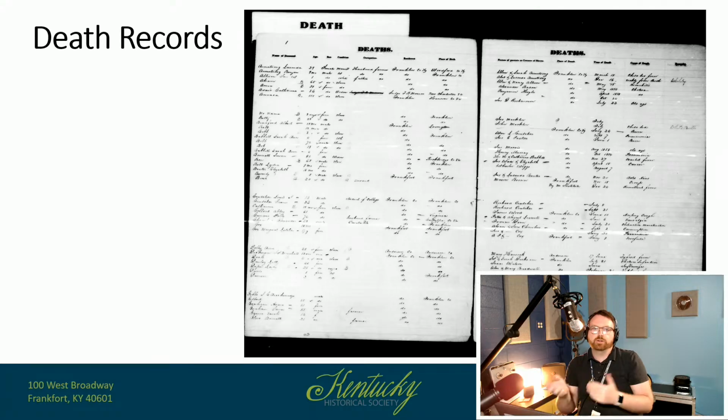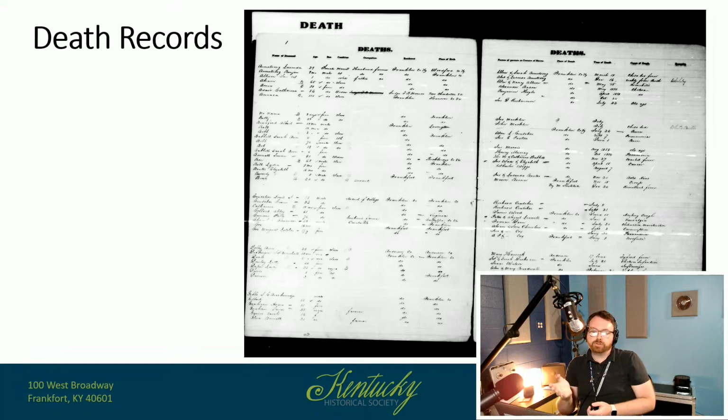Then you can take that information and it can point you to other records, and also help you learn more, like, oh, my ancestor was this age when they died, or they had this occupation at the time of their death, or they were living here at the time of death.